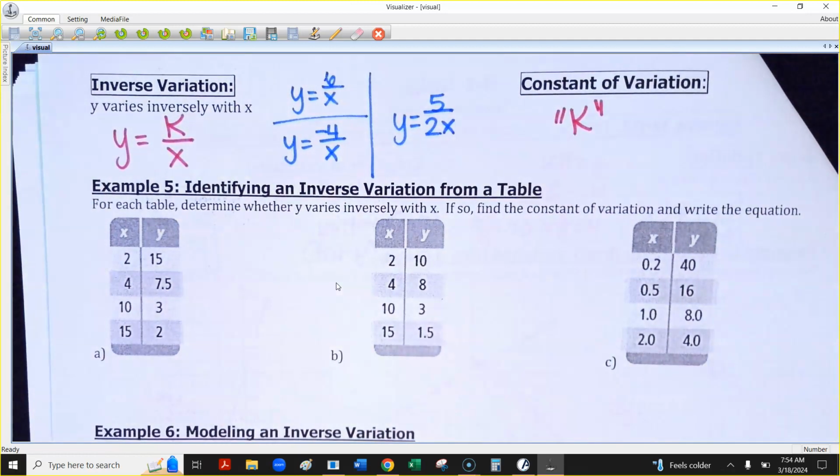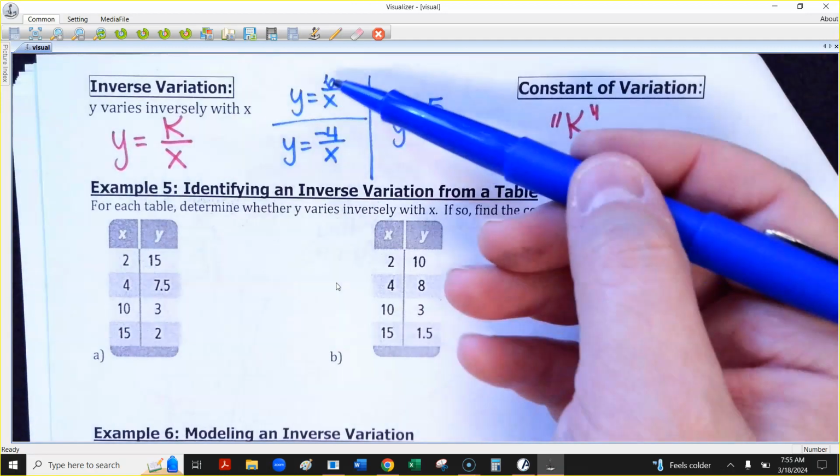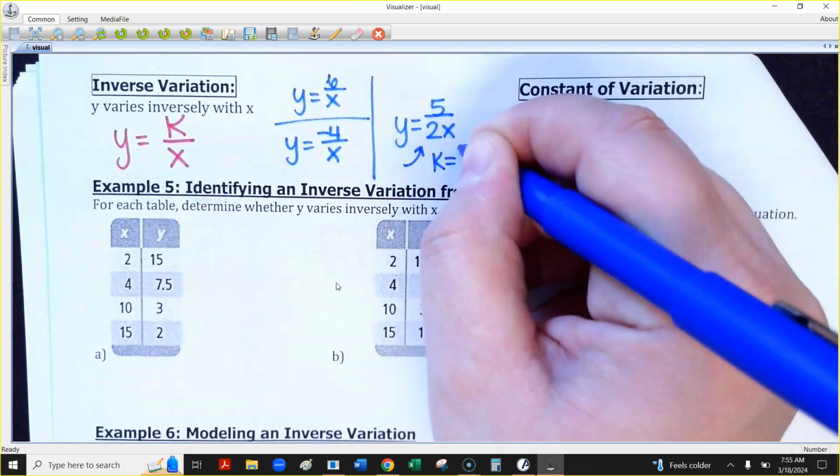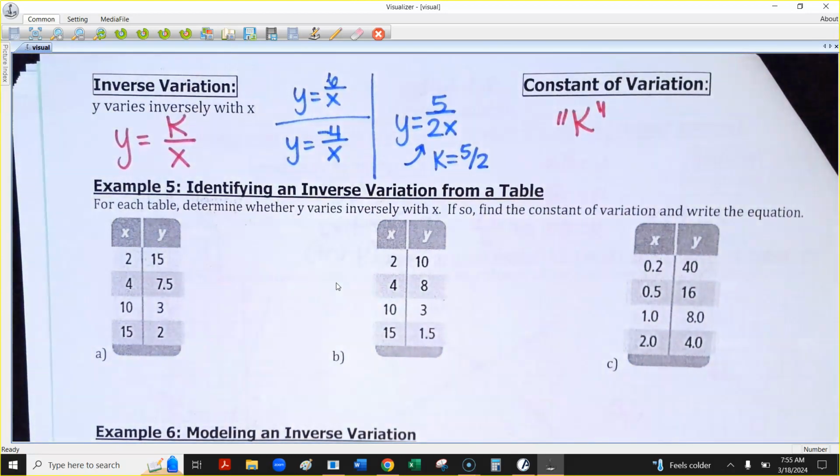It's different from the direct because in this case, if you have an inverse, the variable x is going to be in the denominator. So my k value here is 6, my k value here is 4, and in this example my k value would be 5 over 2. So there are different ways these can look, but for an inverse variation, what you're going to have is the variable x, or it might be a different letter, but it'll be in the denominator of that fraction.